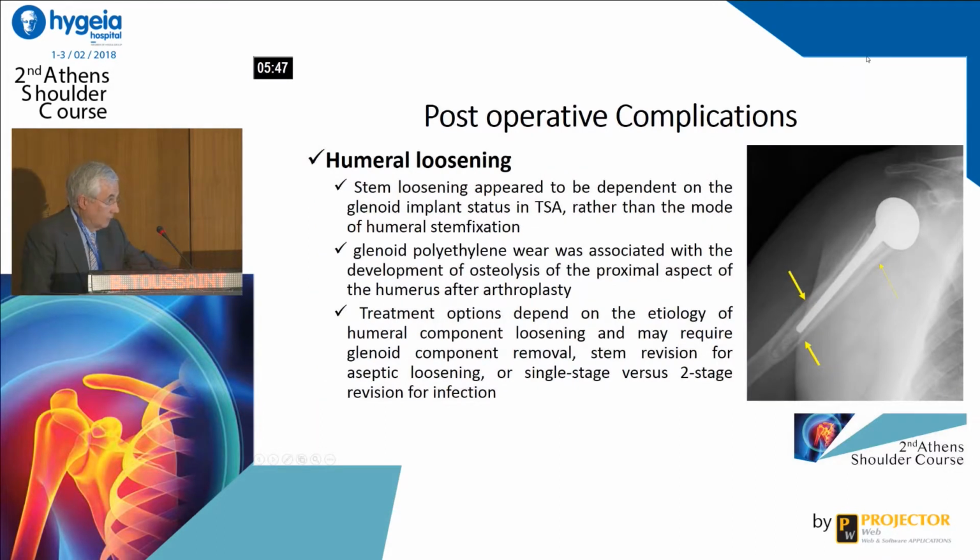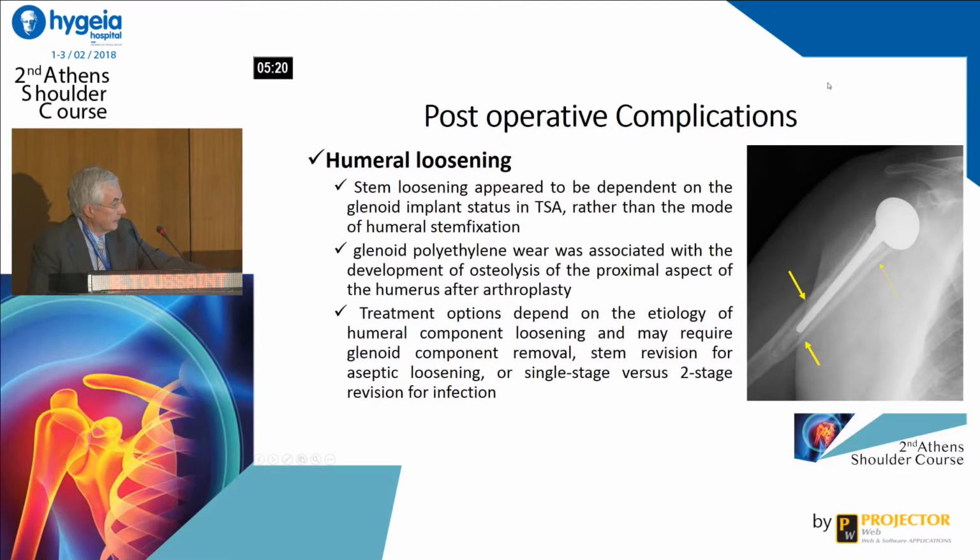For humeral loosening, the stem loosening appears to be dependent on the glenoid implant status in anatomical total shoulder arthroplasty, and it also depends on the mode of stem fixation into the humeral shaft.